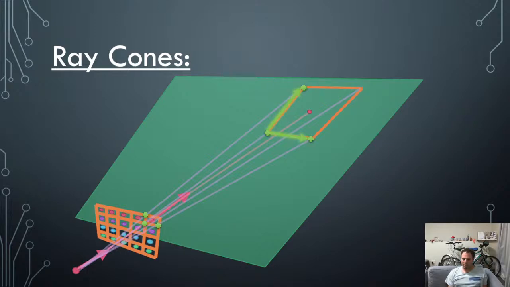We can do something slightly more approximate. If we project just three points, then we compute the area of a parallelogram, which is a bit simpler to compute than an arbitrary quadrangle.